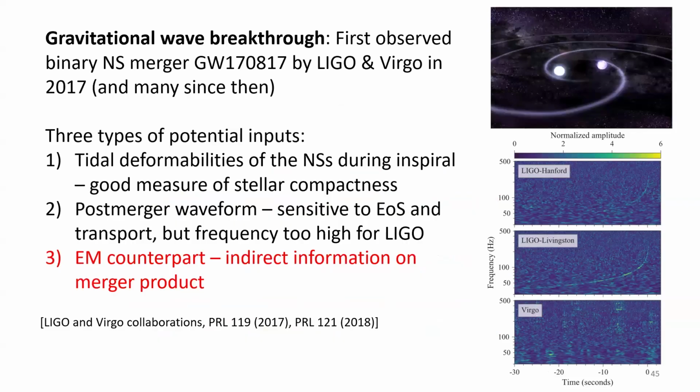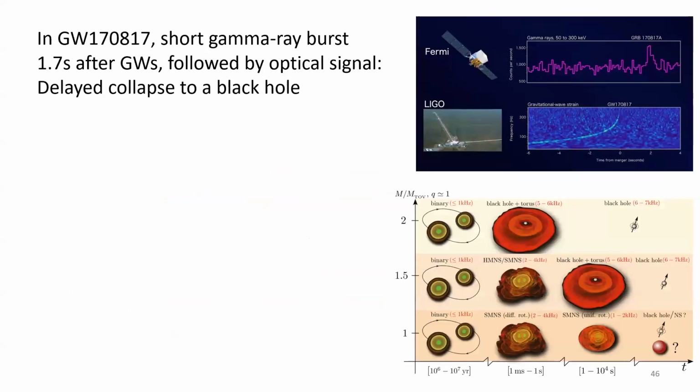But good. Then let me still, before going to my results, go through this last possible signal that we can obtain from neutron star mergers, which is a possible electromagnetic counterpart.